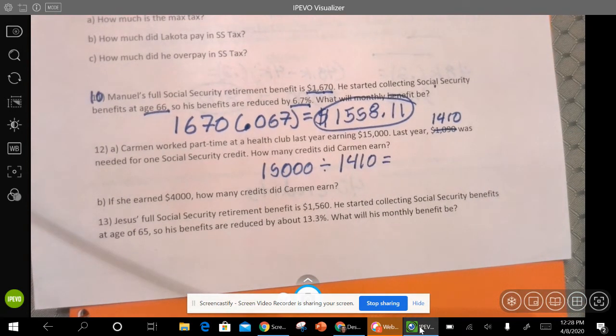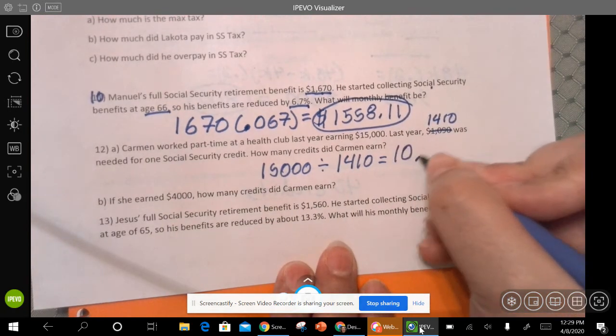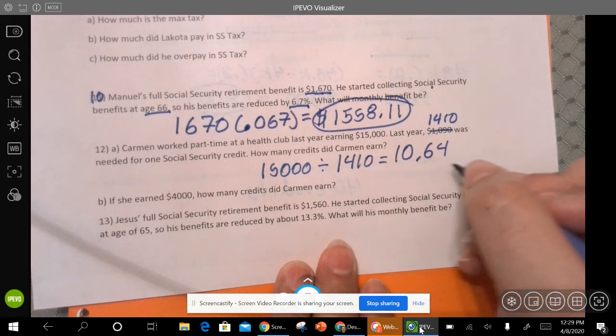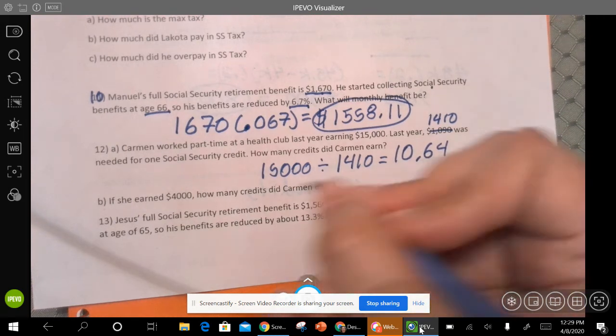So we divide those two, the salary, everybody, and we get 10.64, but the maximum number of credits that you can earn per year is 4.